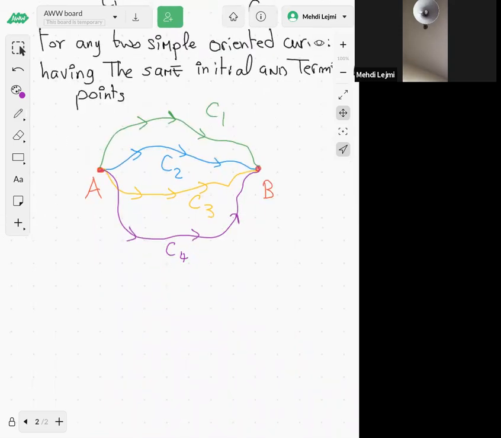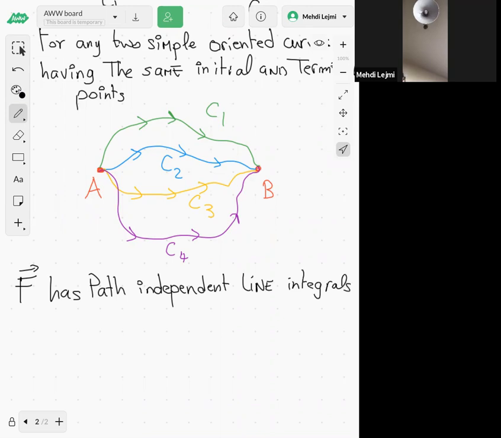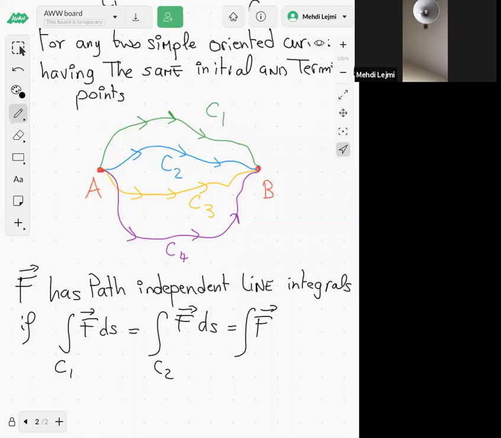So F has path independent line integrals if the integral of F along C1 is the same as the integral of F along C2, is the same as the integral of F along C3, etc. All I'm saying is that if your vector field has path independent line integrals, then your integral doesn't depend on the curve itself.